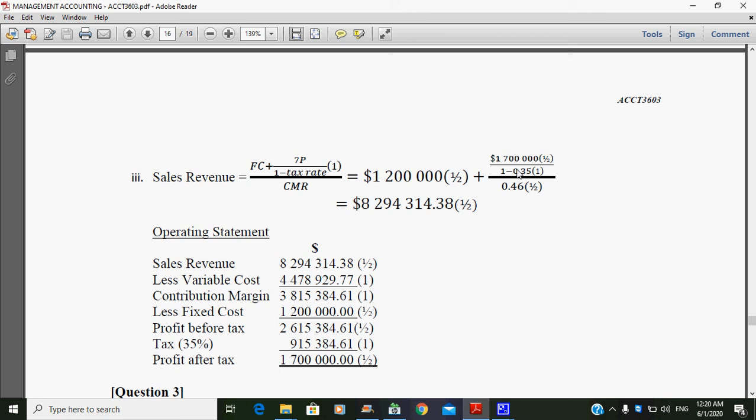So if you divide 1.7 million by 0.65, my apologies, it will be 1.7 million divided by 0.65. That will give you 2,615,384.615. You're going to add that now to 1.2 million.